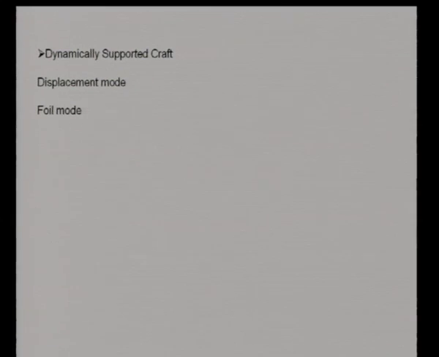there are some rules associated with what we call dynamically supported crafts. Now, since most of you are not very familiar with naval architecture as such, dynamically supported crafts are crafts that have some other form of support rather than just the buoyancy force.